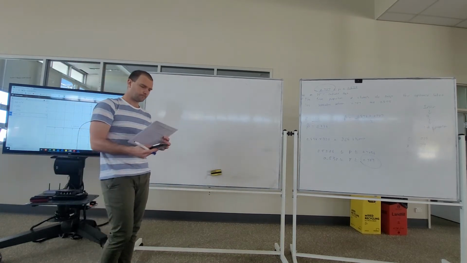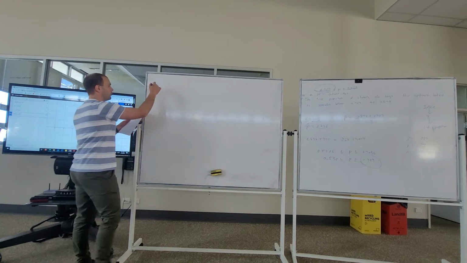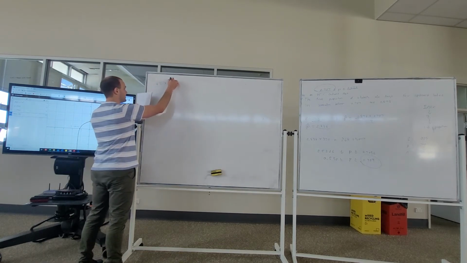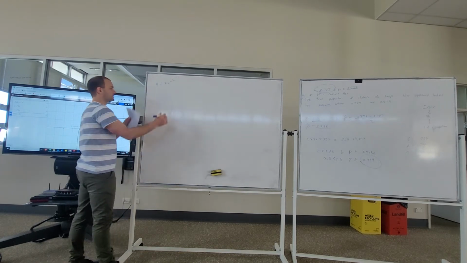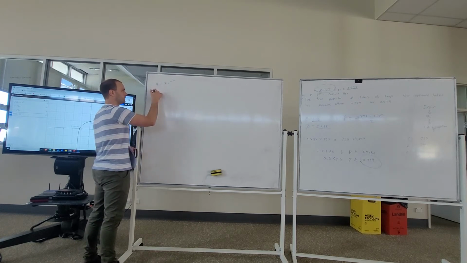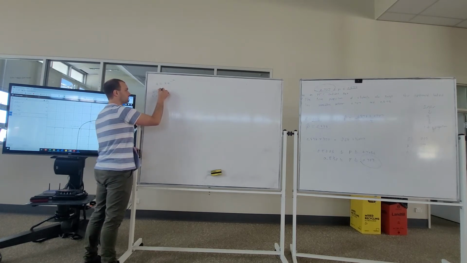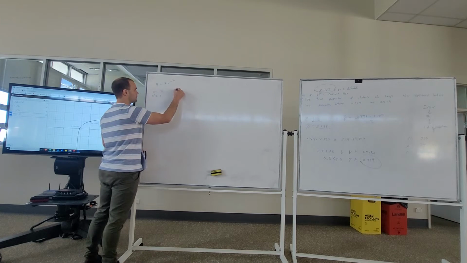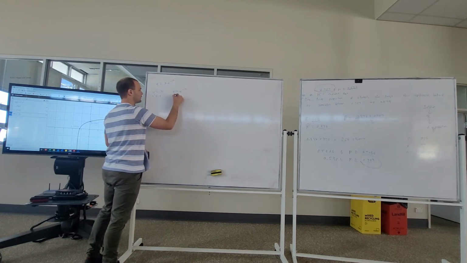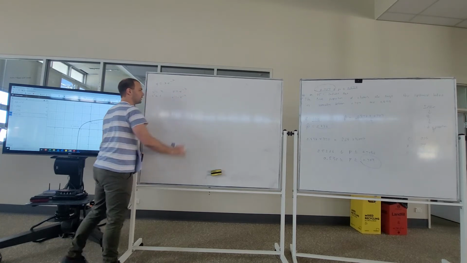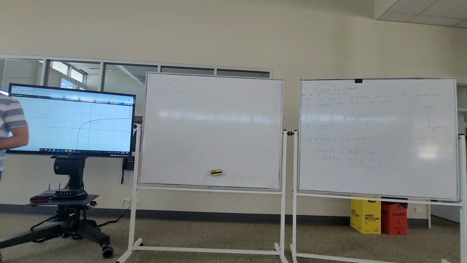Question 6. We've got y equals x e to the minus x, find dy on dx. So product rule again, we've got u and v. When you differentiate e to the minus x, you get minus e to the minus x.